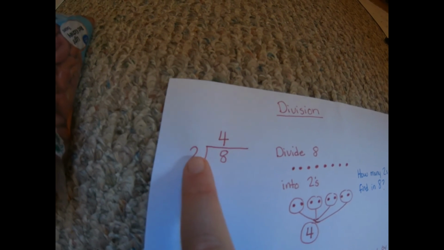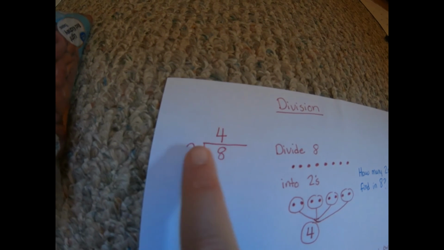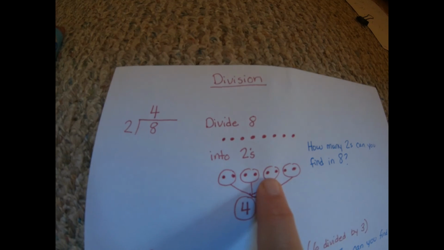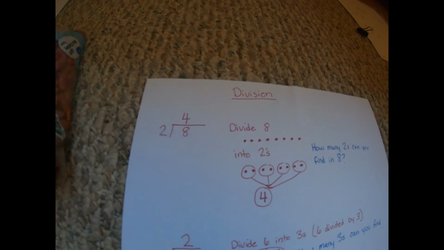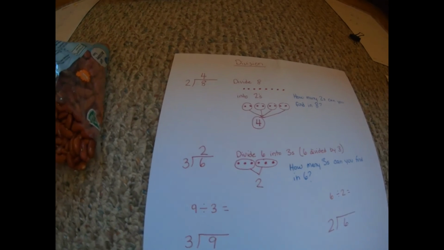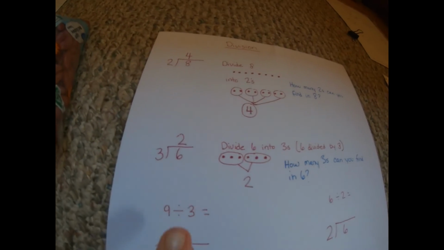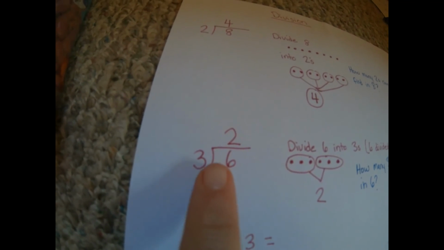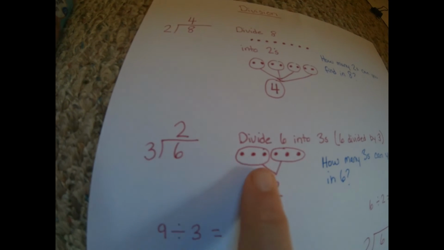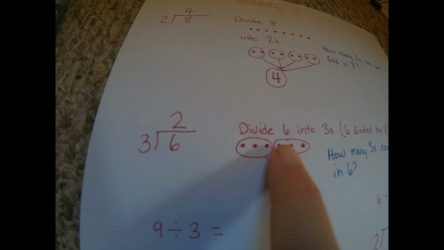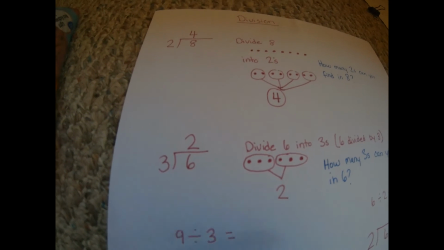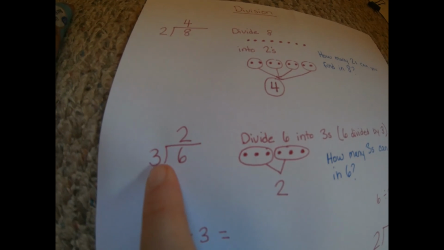There are 4 2's in 8. 1, 2, 3, 4. We've done this a lot already, so most of you are going to get this. Look here: 6 divided by 3 is 2. 1, 2, 3, 4, 5, 6.